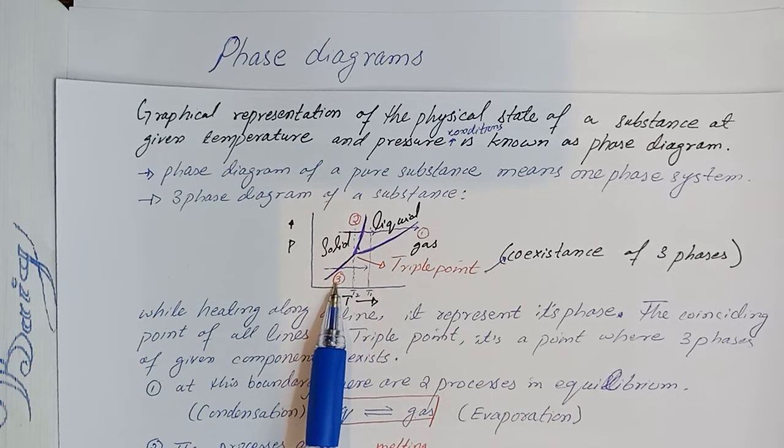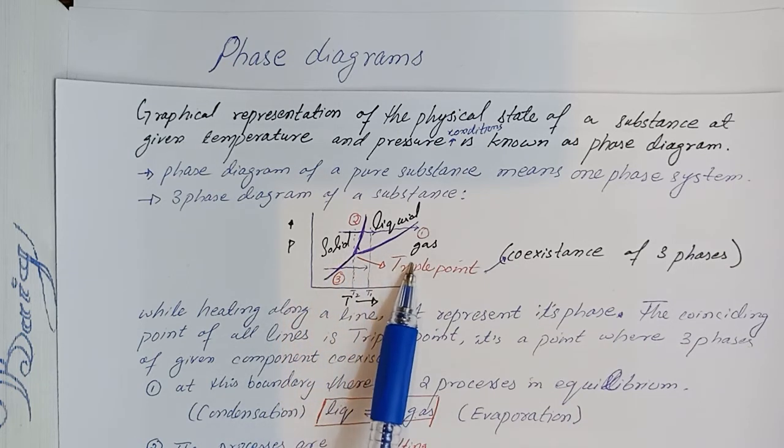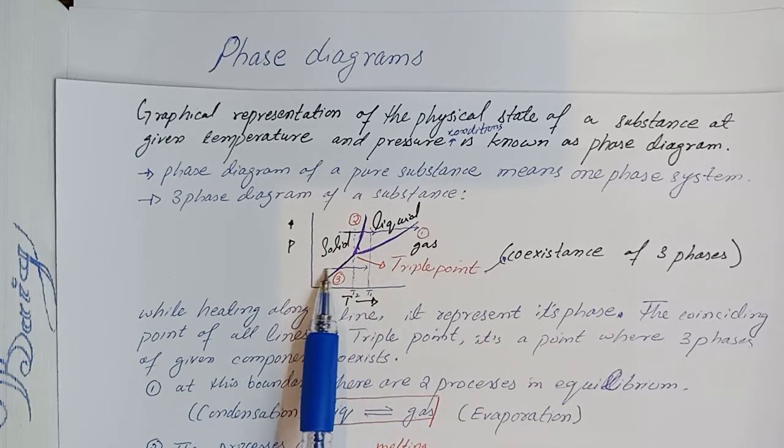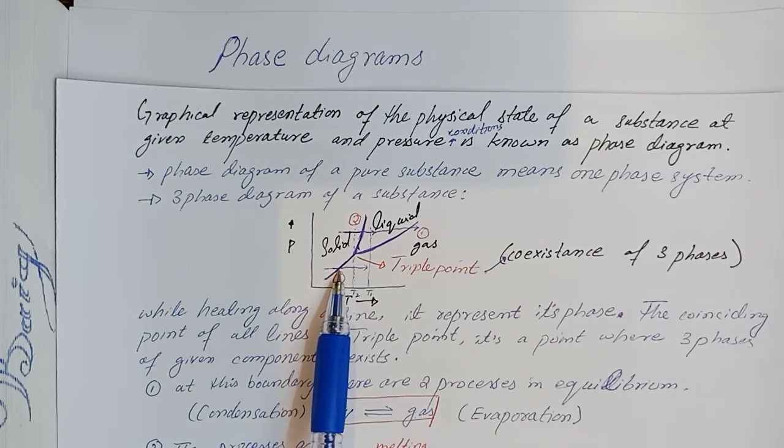Now we have the third phase boundary, that is the boundary between the solid and gas phase. Again, if we move from one phase to another, there is a change in the phase when we cross the phase boundary.